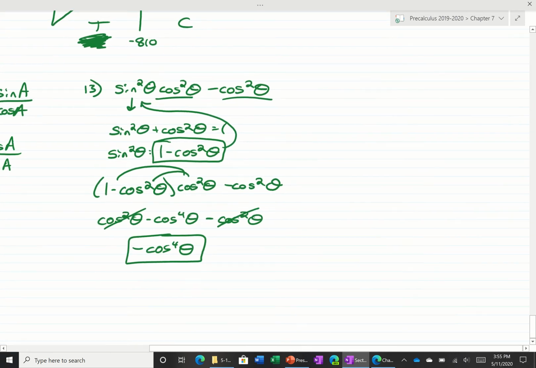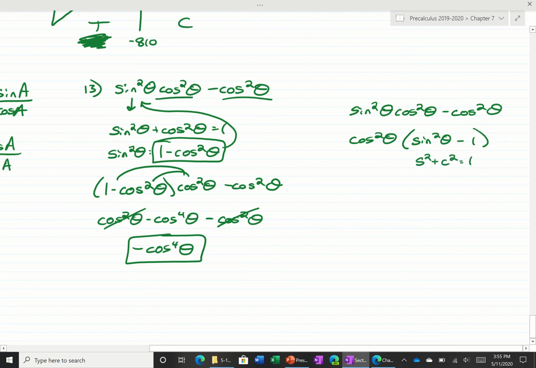Another way we could do it, I mentioned factoring out a cosine squared of theta. And if you remember your formula, sine squared plus cosine squared is 1, right?